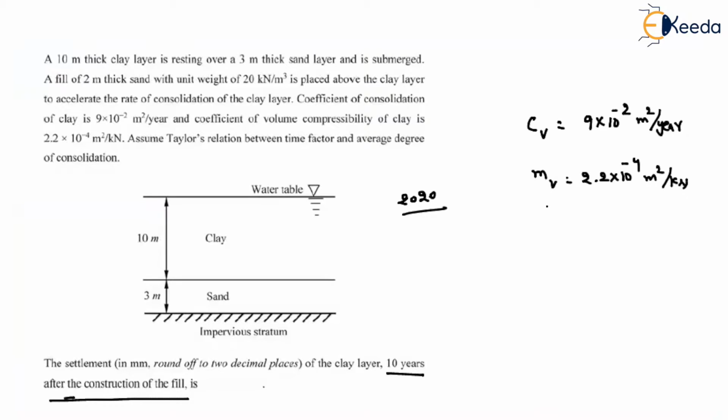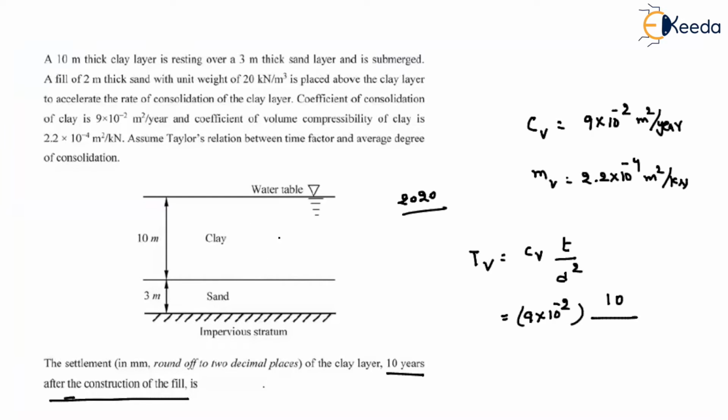Let us recall the time factor equation. What is the time factor? Tv can be written as Cv into t divided by d square. Now let us find out the time factor corresponding to 10 years. That will be equal to the Cv value, 9 into 10 power minus 2, into time, given as 10 years, divided by the drainage path.